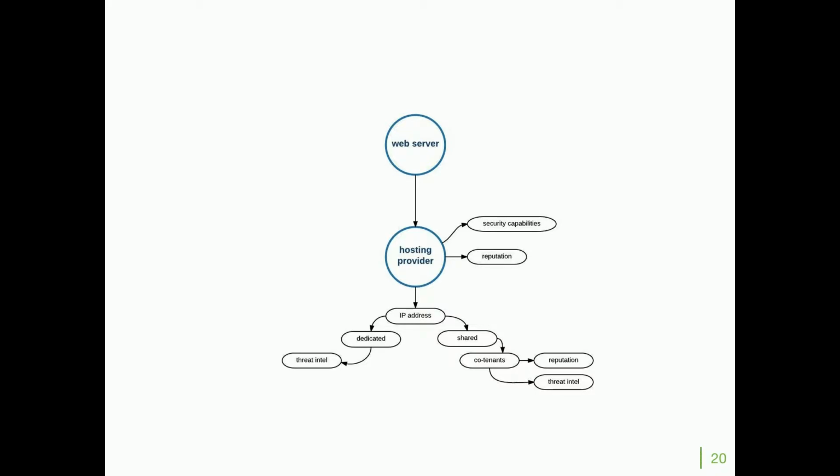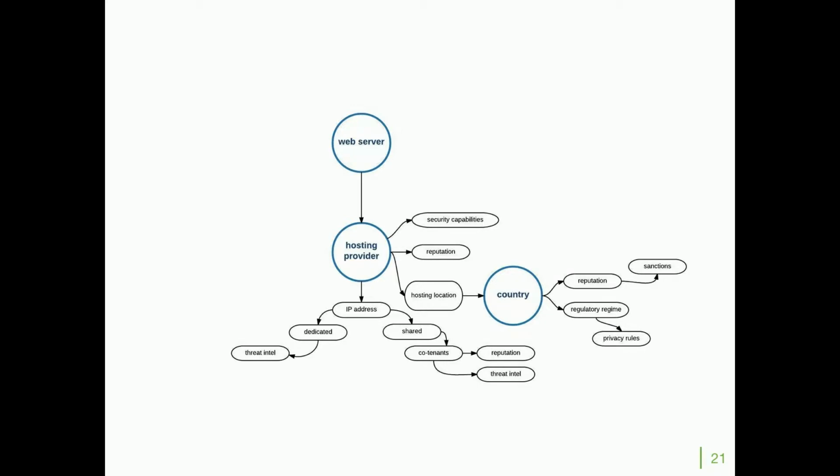I can also look at threat intelligence data that exists for that IP address. Also off the IP address, I can do geo-IP lookups on it. I can find out physically where that's at. What country is it in? Is that country a sanctioned country? What are the regulations in that country?